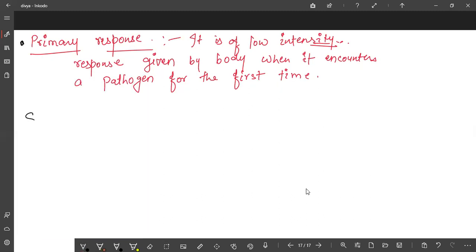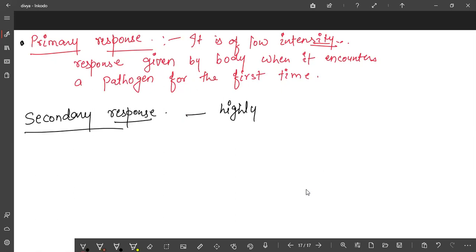And the second one is secondary response. So basically, we will discuss in this topic two types of response. One is called primary response, and the second one is secondary response. So secondary response, you can say, is highly intensified.